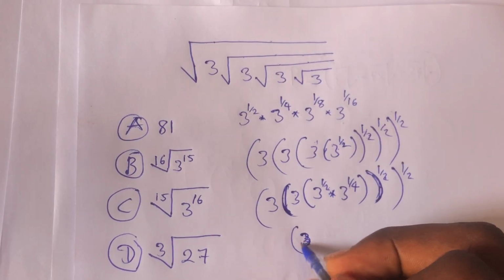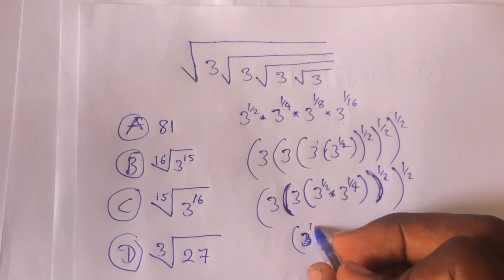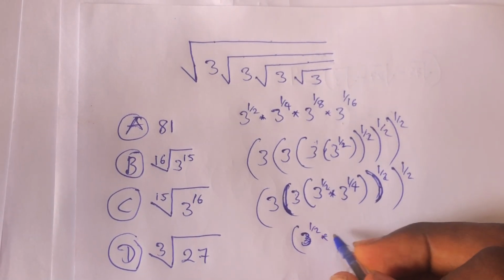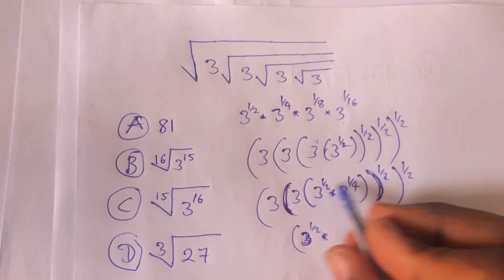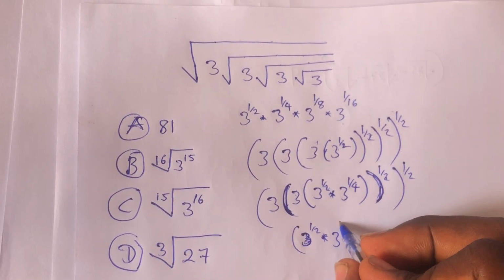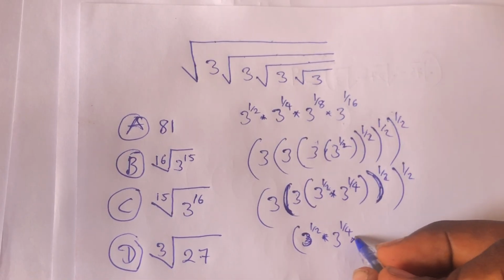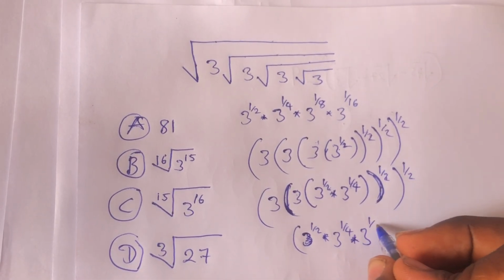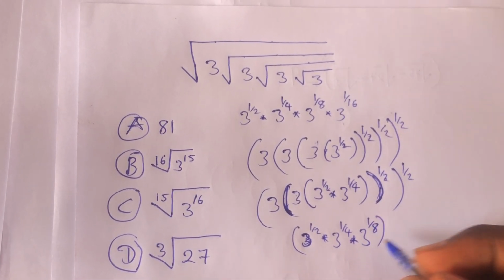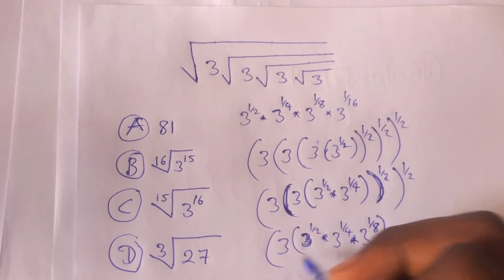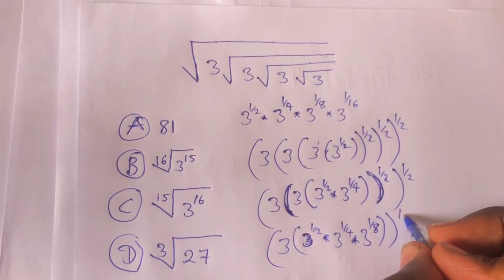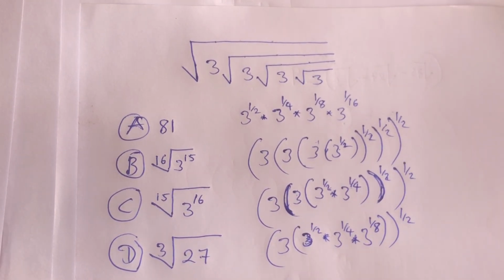So if we multiply out, we have 3 raised to power 1 over 2 times this times this, so 3 raised to power 1 over 4. This times this, we have 3 raised to power 1 over 8. Everything times 3 raised to power 1 over 2.